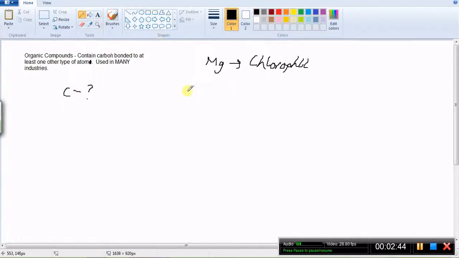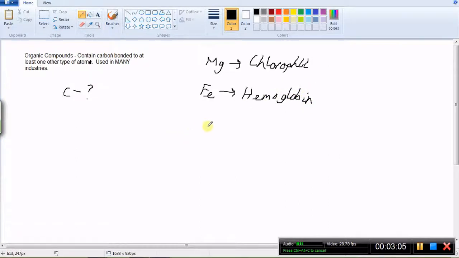Another really important one in animals is iron in hemoglobin. The abbreviation for iron is Fe, and that's in hemoglobin.